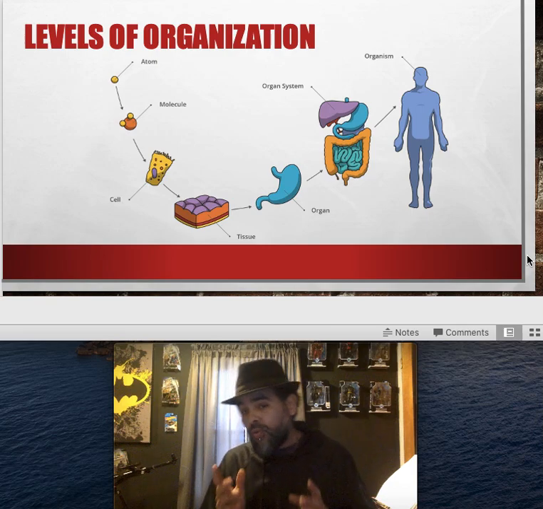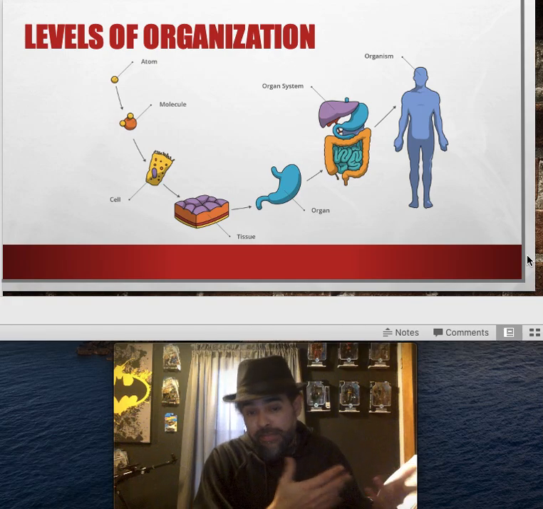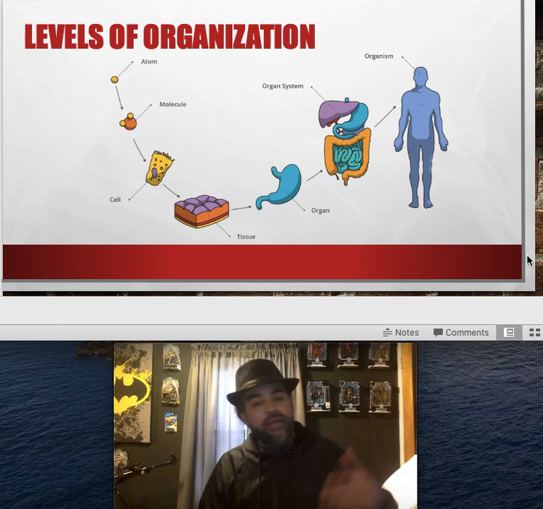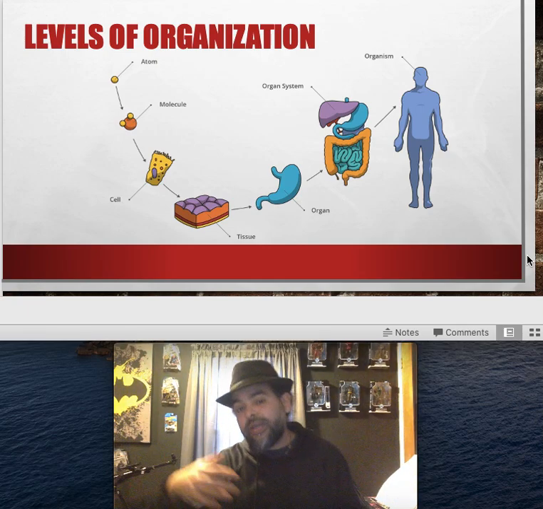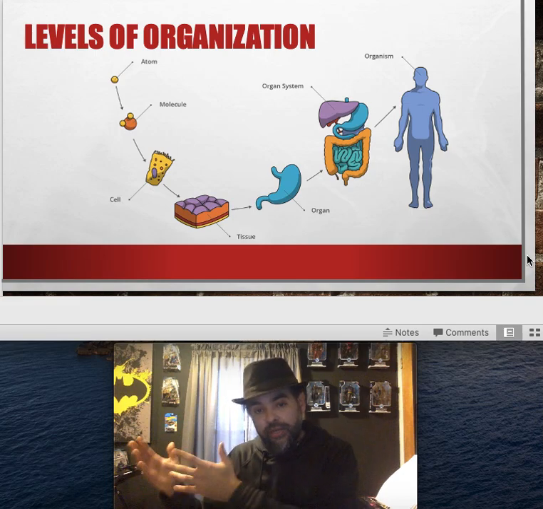If we focus on one of those systems alone, those systems are going to be made of different organs. And those organs are individual structures like the lungs, the heart, the stomach, the brain, every one of our individual bones or each one of our individual muscles. All of those together make an organ system.